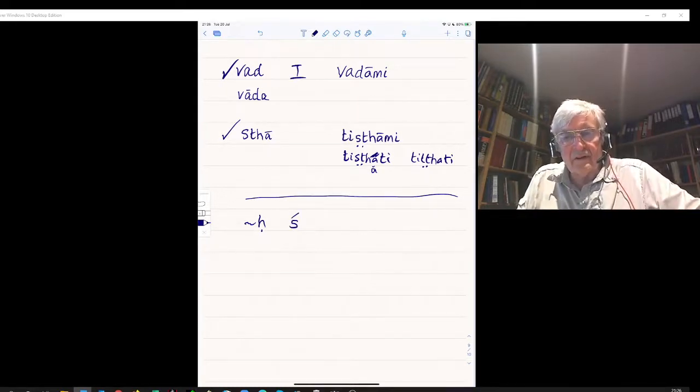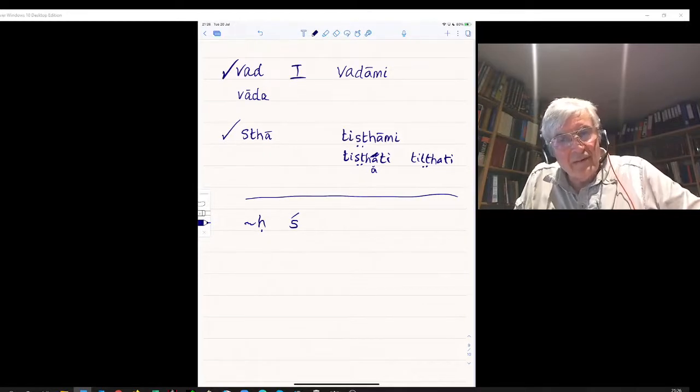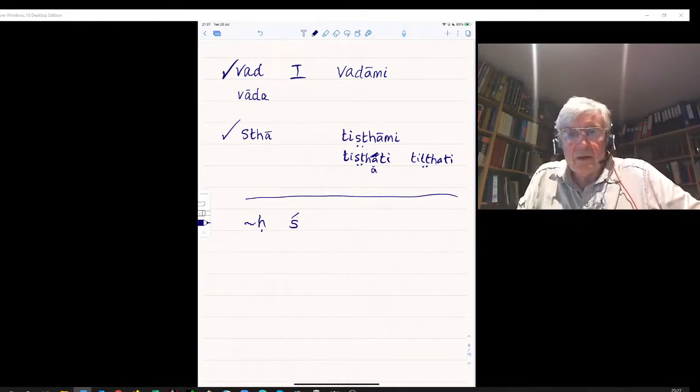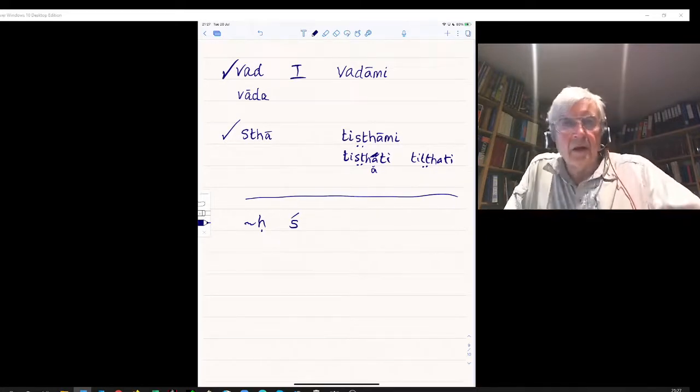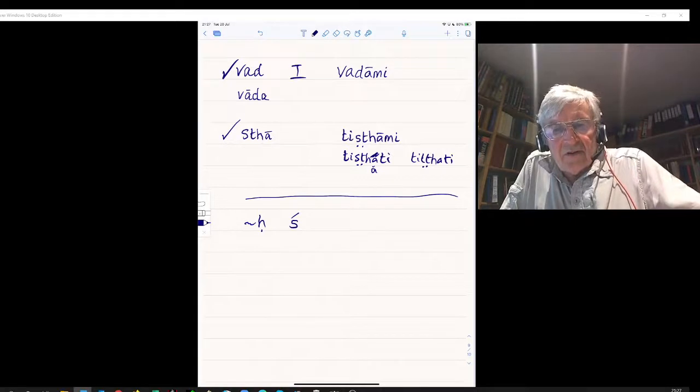So, vadatah smaratah cha becomes vadata smarataścha. By sandhi, it's the same word, but the final subdotted H, the final visarga, is changed to śch. So vadata smarataścha. What does that mean? Look at vadata. The ending is written in Roman tha subdotted H. What does that tell you?